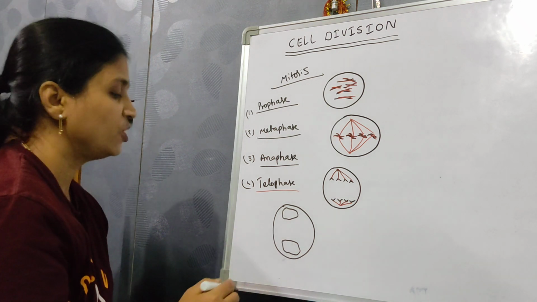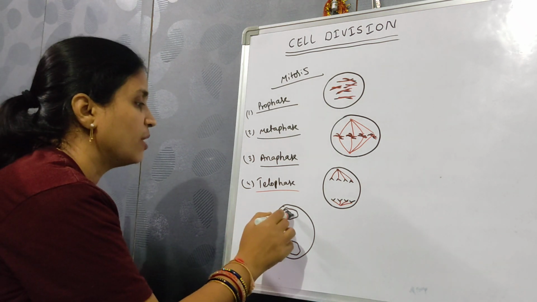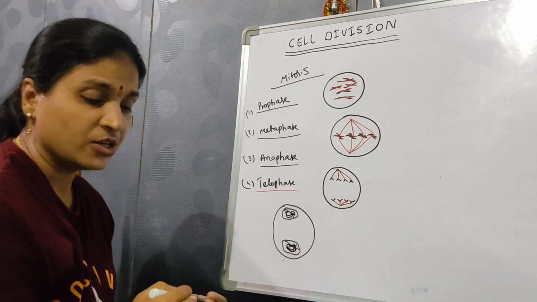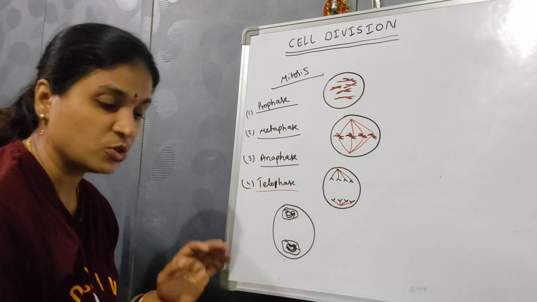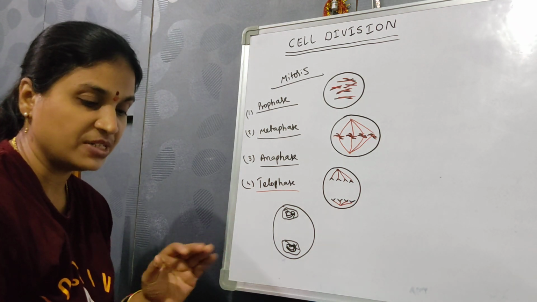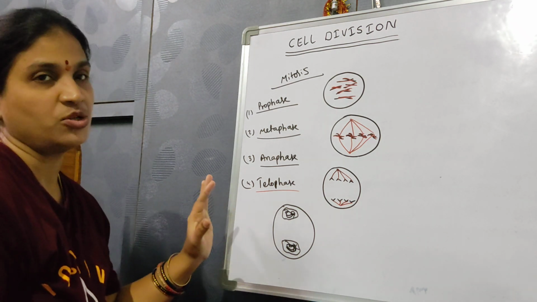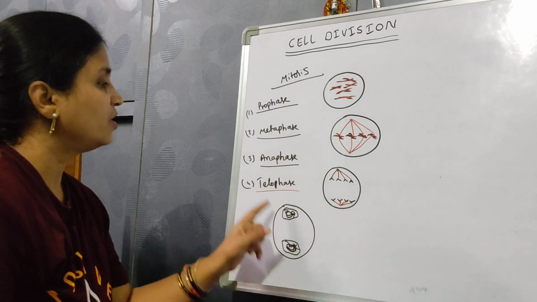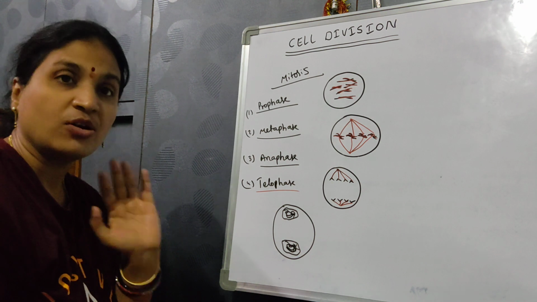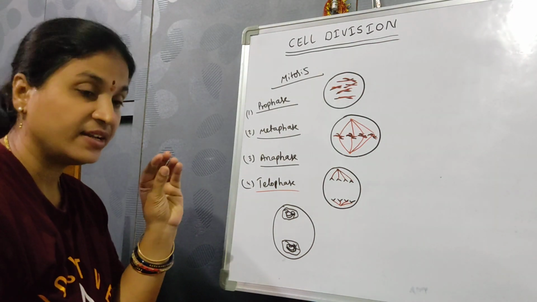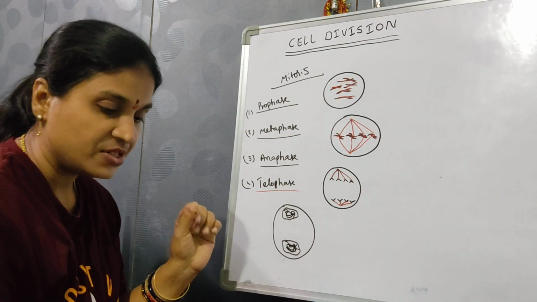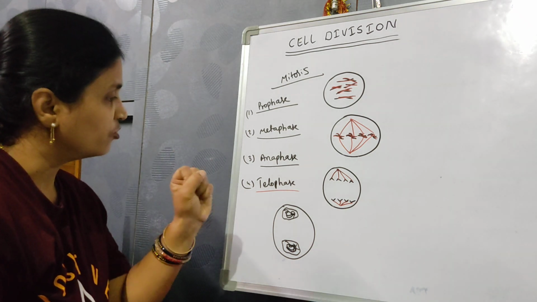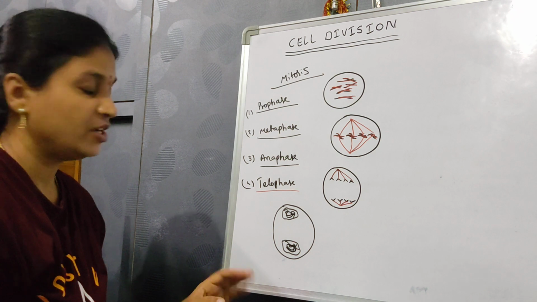So here the chromosomes cluster at opposite spindle fibers, and their identity is lost as discrete elements. Here discrete elements are present in anaphase, no? Here in telophase, that discreteness is lost, and they form into a cluster-like thing.